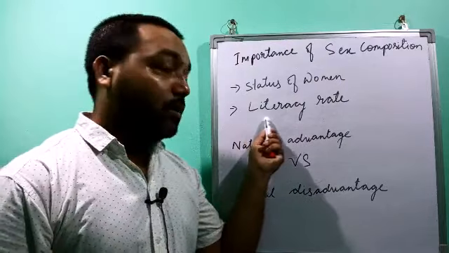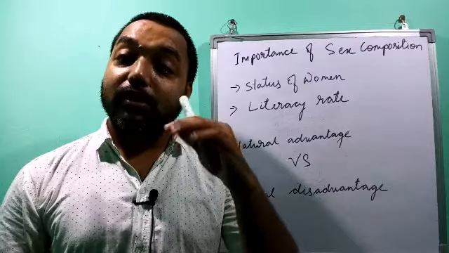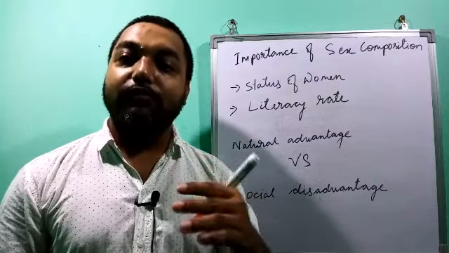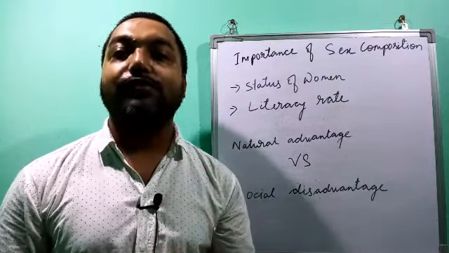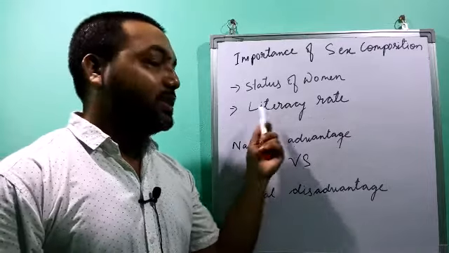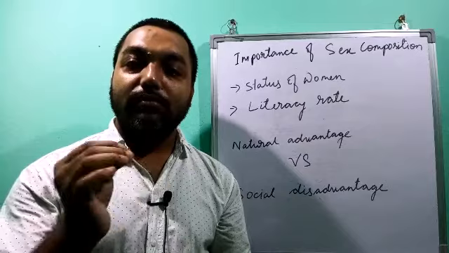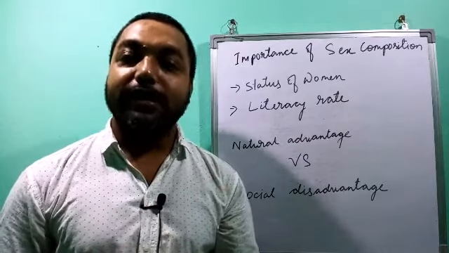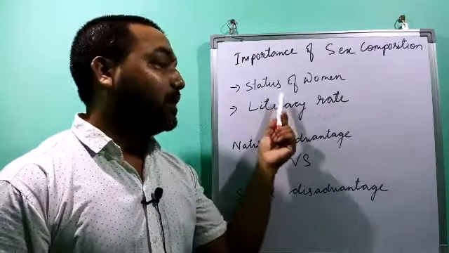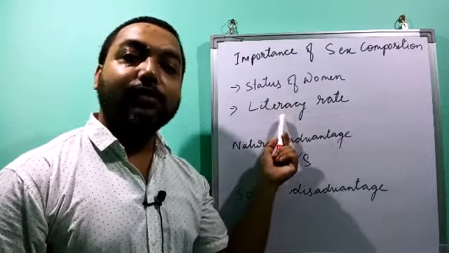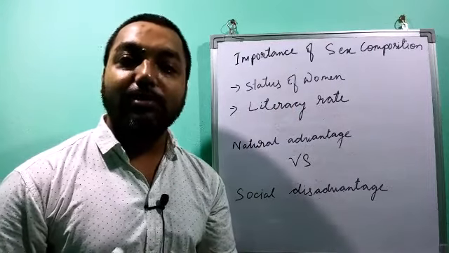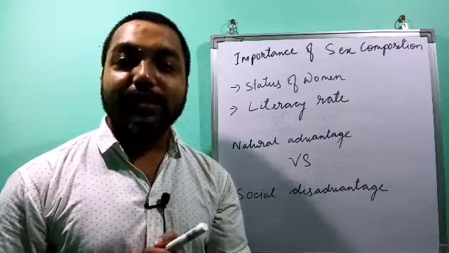So it's because its literacy rate is low that its sex ratio is also very low. So this literacy rate has a direct relation with sex ratio. These two things we come to know from the study of sex composition of a particular place. That is why we need to study sex ratio.